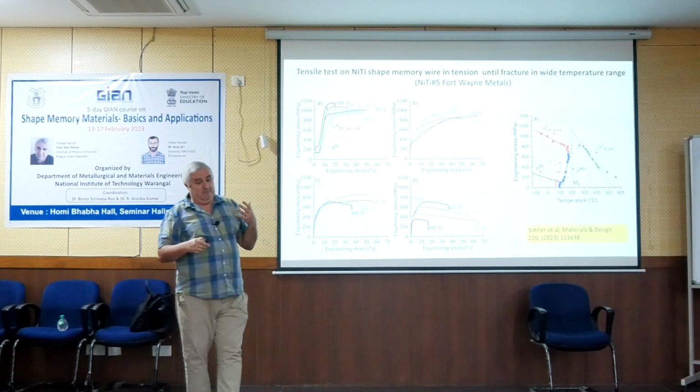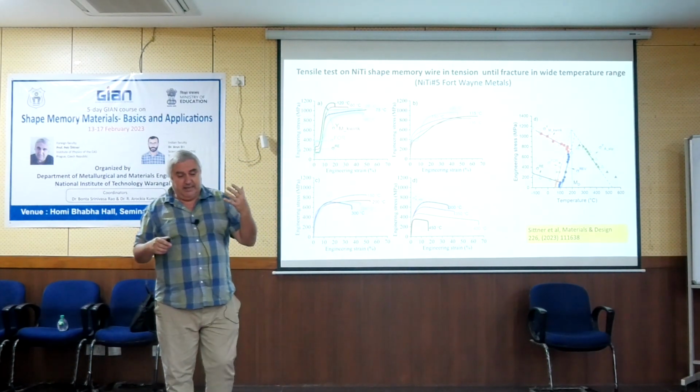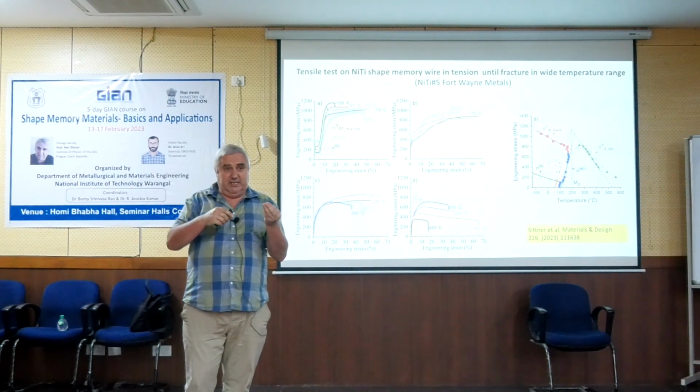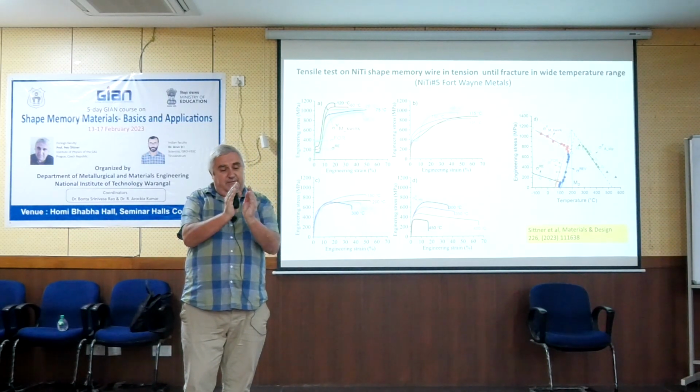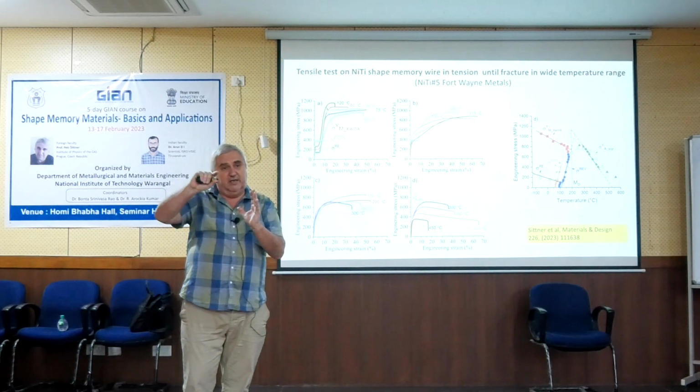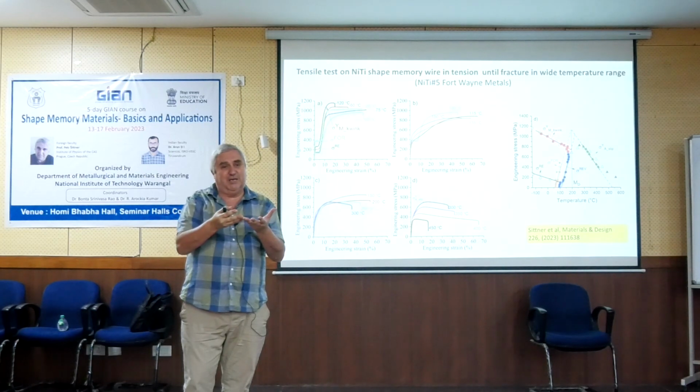Because I said that the martensite is the softer phase, what we now believe is that inside the material, when the martensite is induced, it's like a plate in the grain, and it will immediately start to deform plastically.